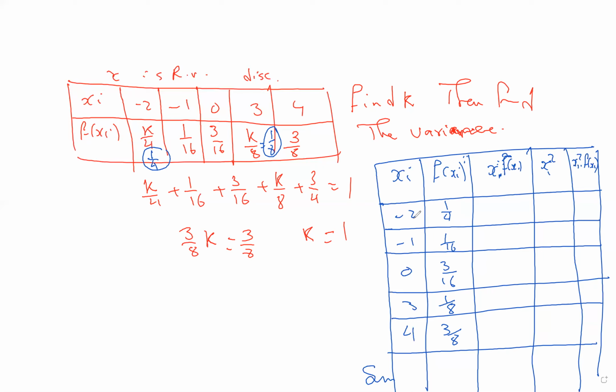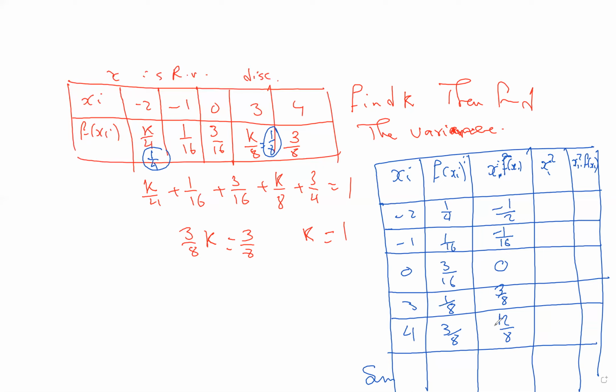Xi times f of xi: -1 over 2, because -2 over 4 means -1 over 2. And this is -1 over 16, and this is 0, and this is 3 over 8, and 4 times 3 is 12 over 8. It's okay?